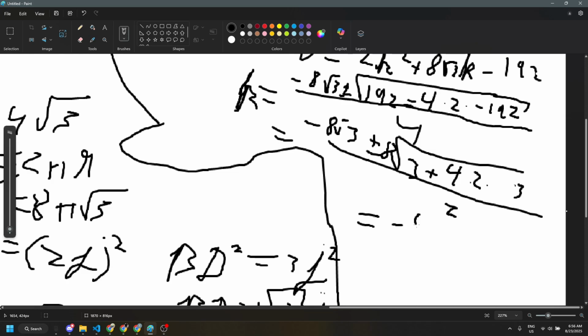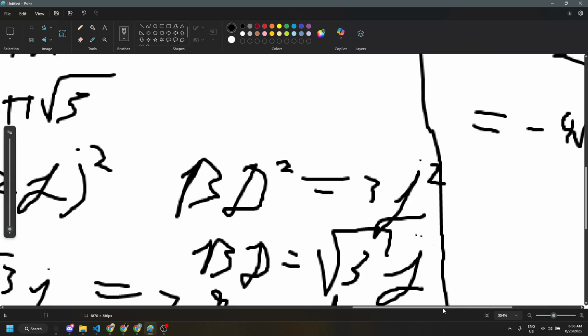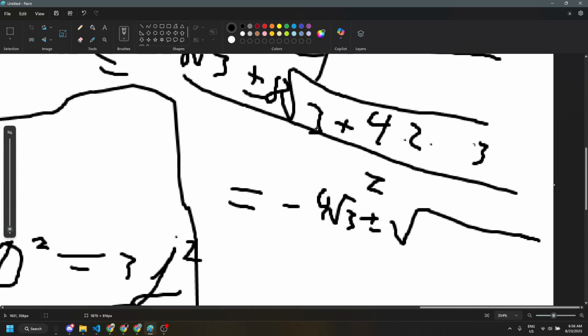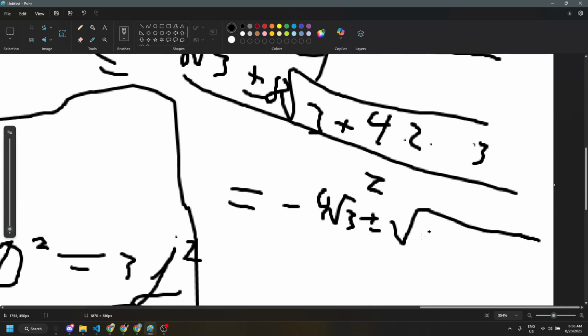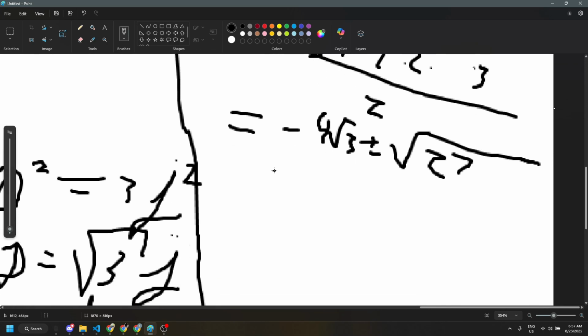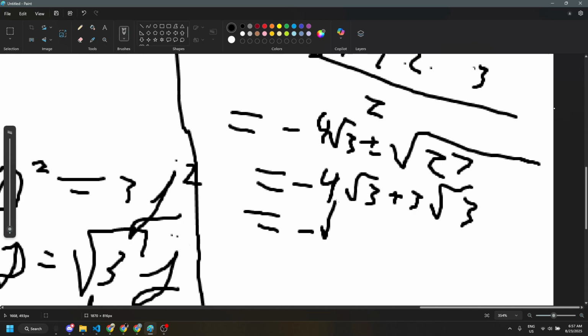So it's equal to negative 4 root 3 plus or minus the square root of 3 plus 8 times 3, is 24, yeah. So it's equal to negative 4. Oh, we got a root 3 here too. It's going to be plus 3 root 3. So it's going to be equal to negative root 3.